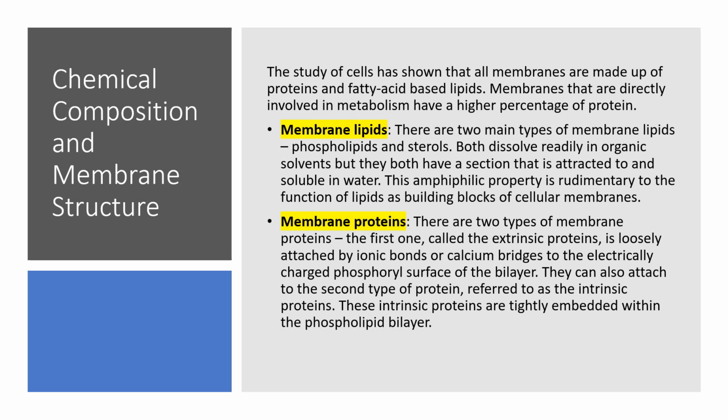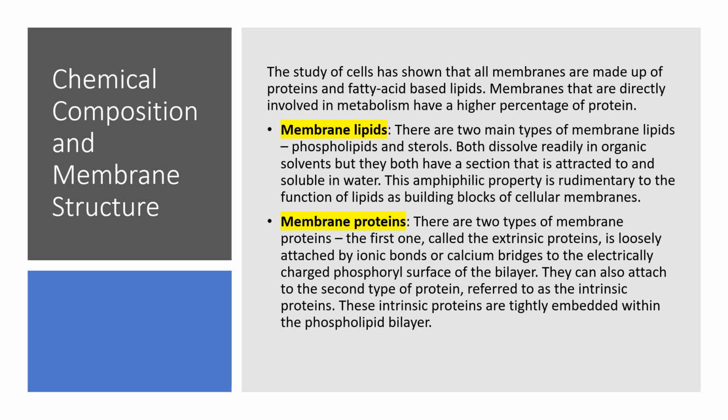They dissolve readily in organic solvents, but they both have a section that is attracted to and soluble in water. This amphiphilic property is fundamental to the function of lipids as building blocks of cellular membranes.